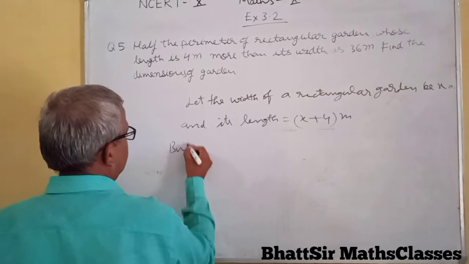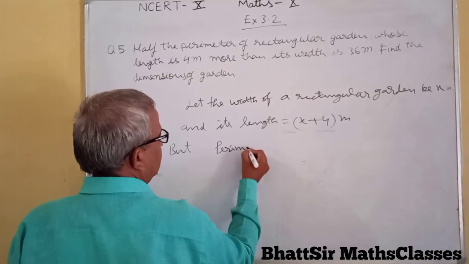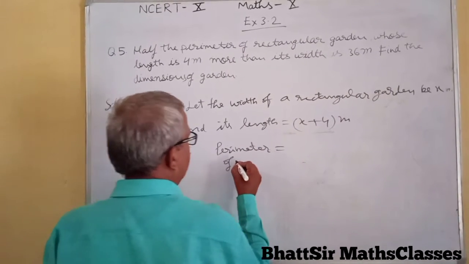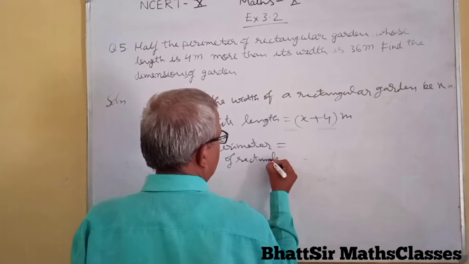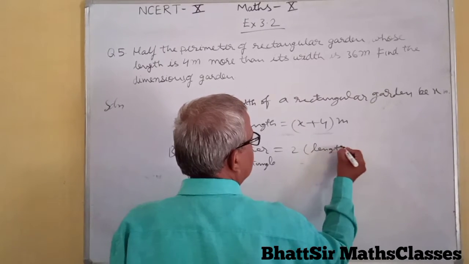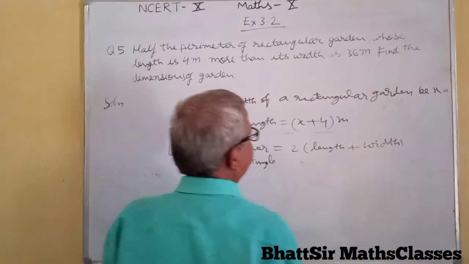But half of the perimeter of a rectangle is length plus width.